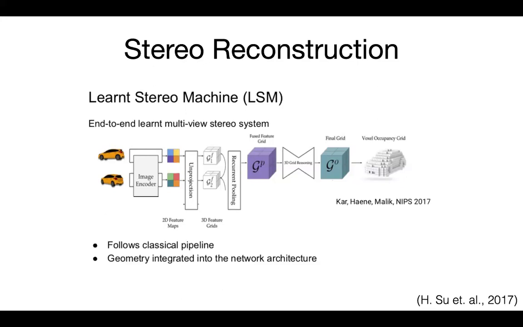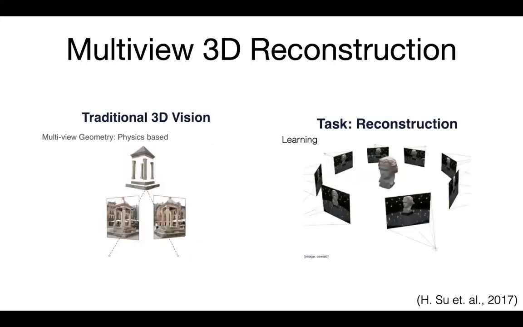An interesting thing about this stereo reconstruction is that it follows the classic stereo pipeline that we discussed with projective geometry, but the geometry is integrated into the network architecture. And then you have general multi-view 3D reconstruction that also follows the multi-view geometry that we discussed, that's physics-based and comes from traditional 3D vision, but includes learning.